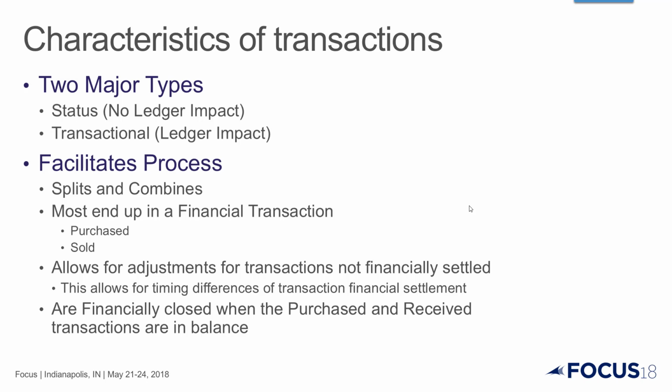They're both in balance. So it says I purchased 10, I got the vendor invoice for the 10, and I sold those 10, and I invoiced for the 10. When that all happens, with also the possibility of adjustment, that now becomes financially closed.